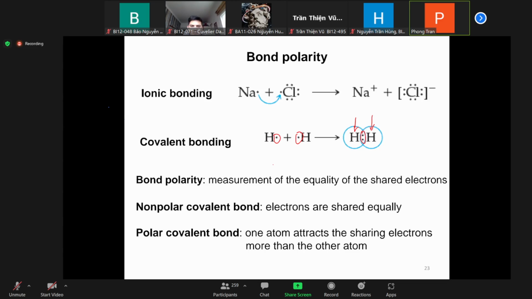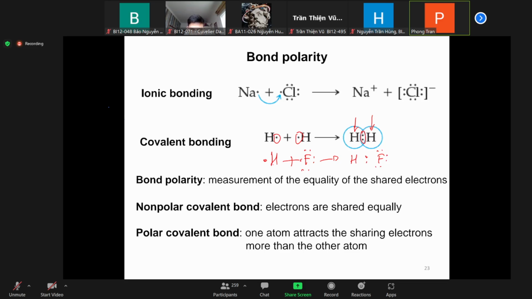But you also have a scenario, for example, with hydrogen and fluorine. Hydrogen has only one electron and fluorine has 7 electrons. Now you make the bond, with hydrogen and fluorine like this.